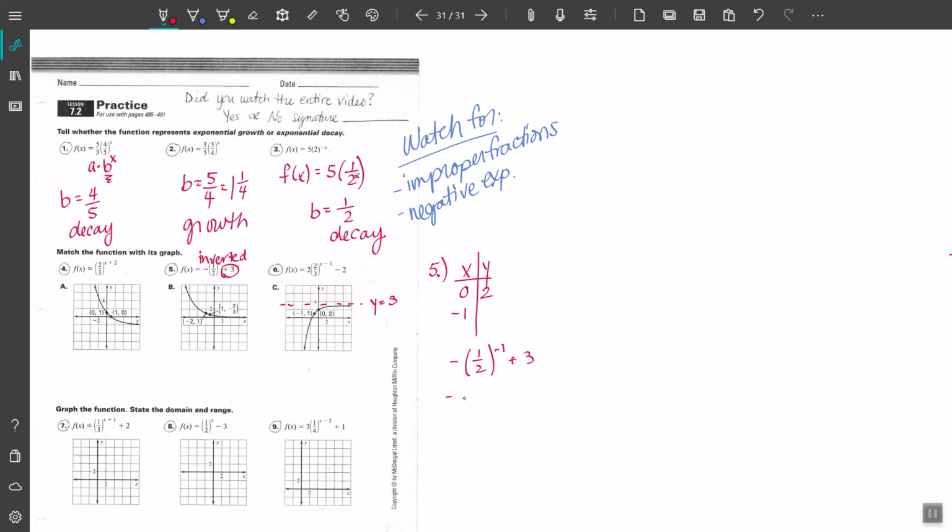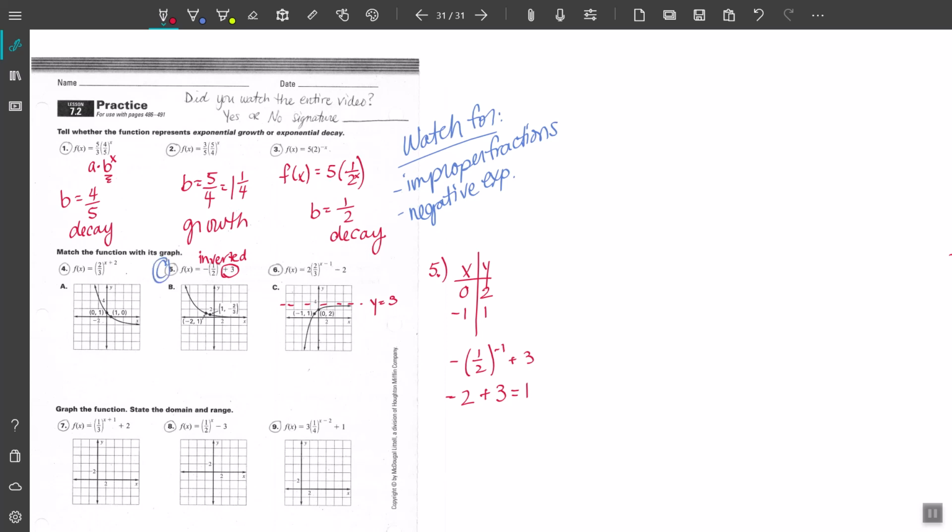I'm going to reciprocate this to make it a +1 exponent, and then that opposite sign ends up being there. So I end up with -2 plus 3, which gives me +1. And so of those 2 points, we do see (0, 2) on the line, and we see (-1, 1) on the line. So we know for sure then that C matches up with number 5.